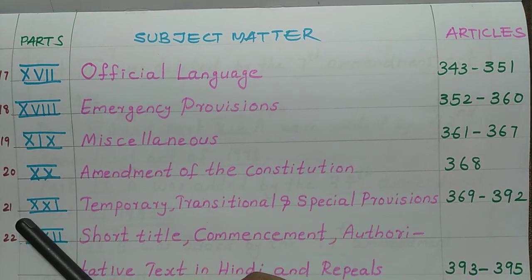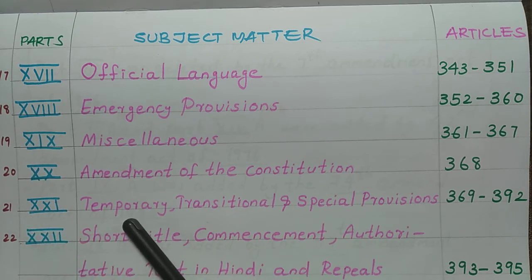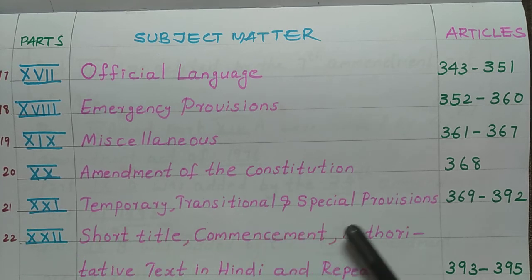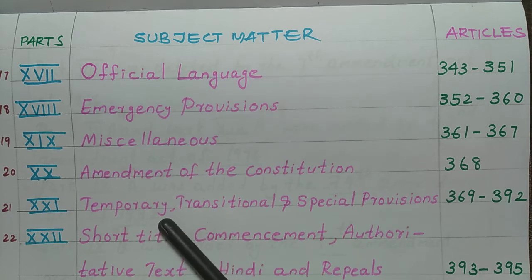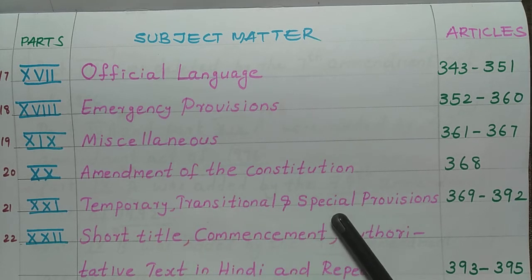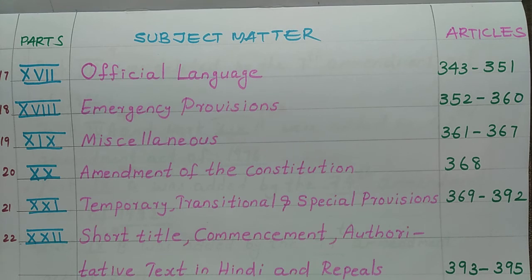And Part 21, temporary, transitional and special provisions. So under Part 21, the subject matters are temporary, transitional and special provisions. The articles are 369 to 392.